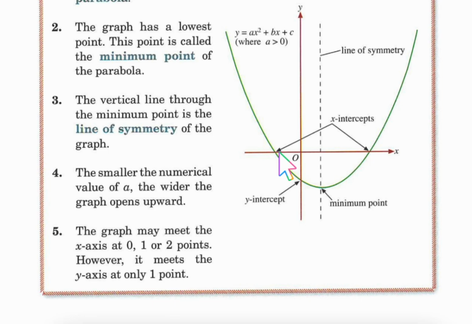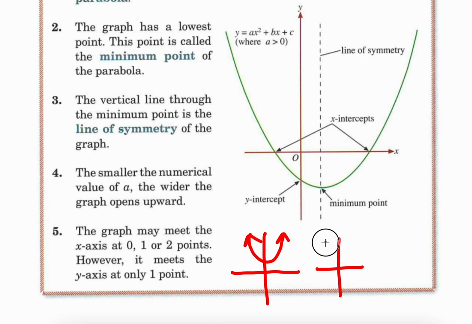So what do we mean by the graph meeting the x-axis at 0, 1, or 2 points? Here's where it looks like it's meeting the x-axis at 0 points. Boom, it kind of hovers above. Meeting at 1 point would be like if it just touches the minimum point.